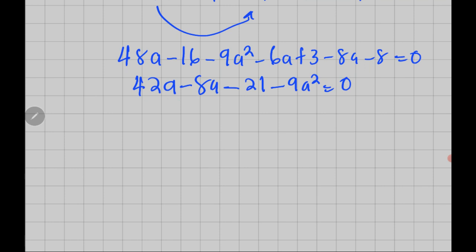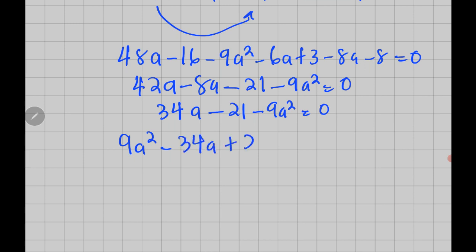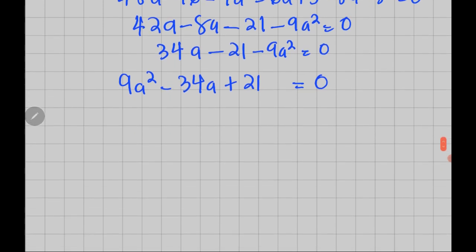So 34a minus 21 minus 9a squared is equal to 0. Let's move things to the opposite side. It becomes 9a squared minus 34a plus 21 is equal to 0.